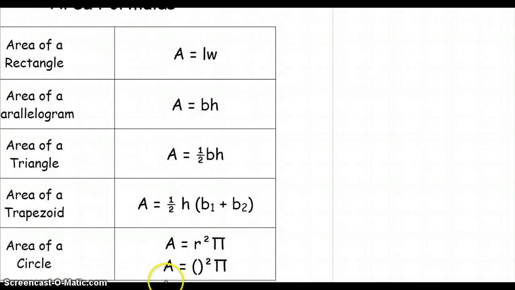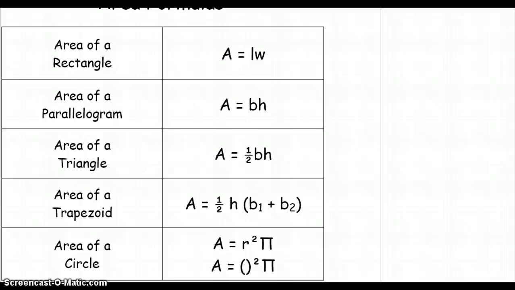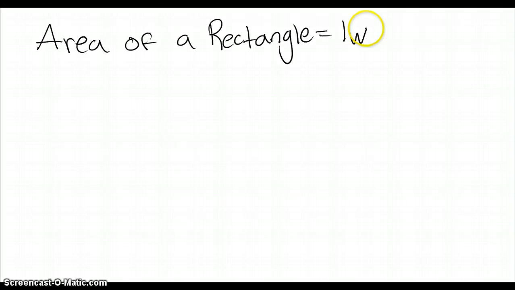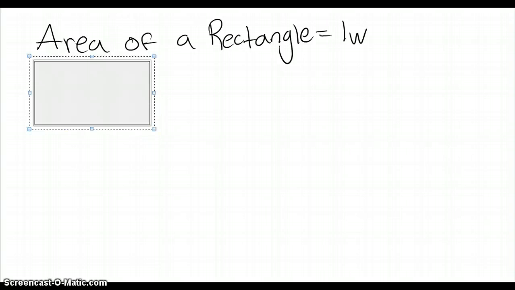So the first thing we're going to be working on is the area of a rectangle, which is length times width. I'm going to get a little rectangle popped up on our screen here.